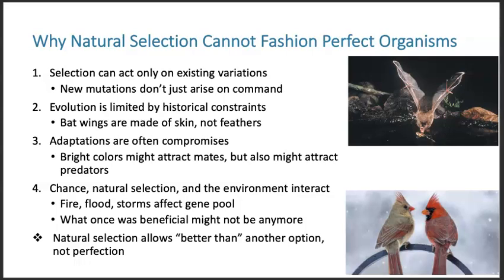So what might be beneficial in the past, if the environment changes, might not be beneficial anymore. So we don't say that natural selection fashions perfect organisms. We say that natural selection allows better than, right? So it's better than some other option, but it's not perfection.